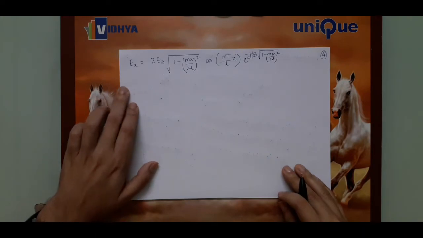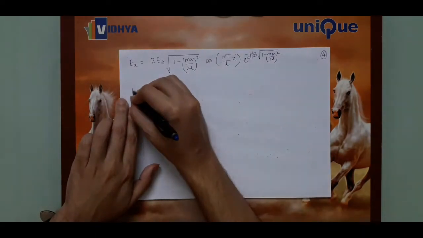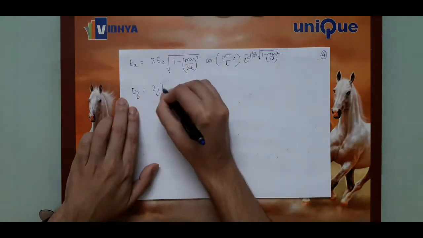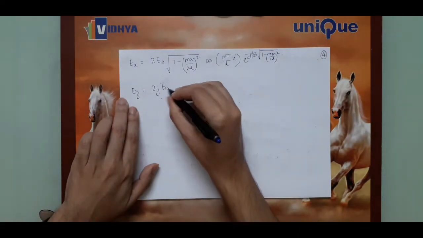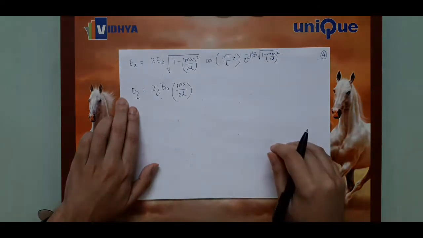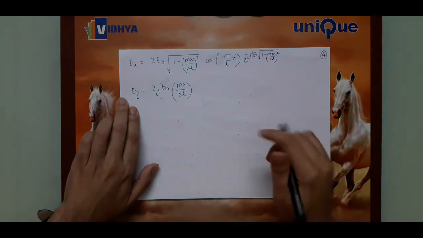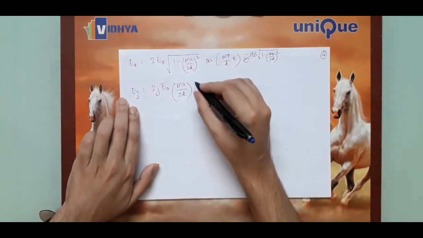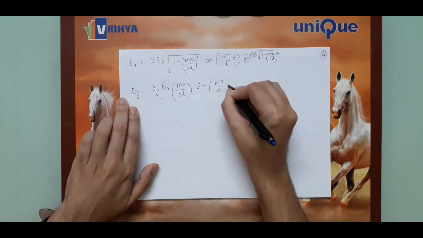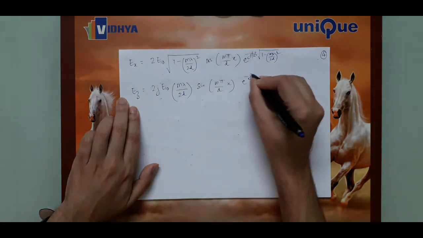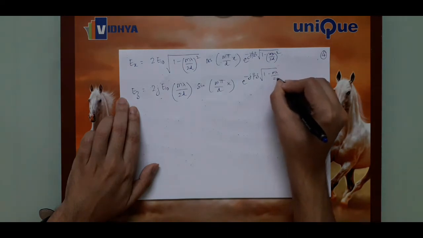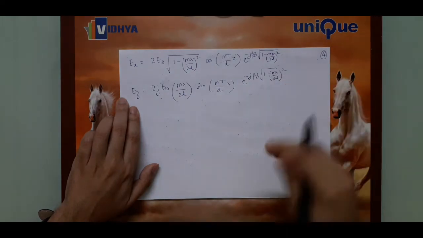Then comes Ez, which is 2j Ei0 m lambda by 2d sin(m pi x by d) times e raised to minus j beta z, square root of 1 minus m lambda by 2d whole squared.